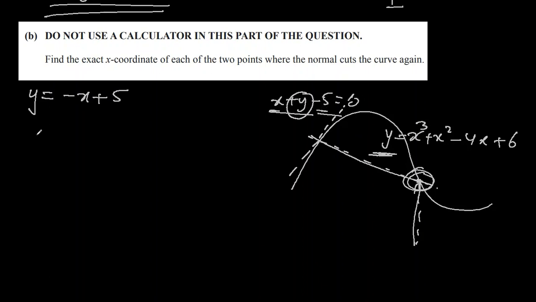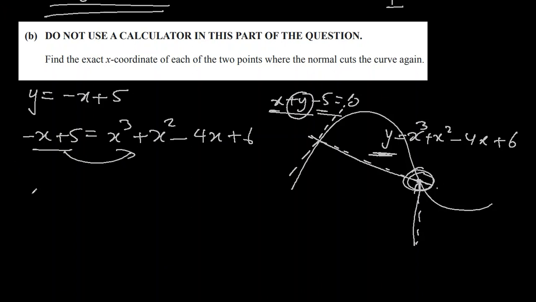Now let's substitute in place of this y. So minus x plus 5 equal to x cube plus x square minus 4x plus 6. They are equal now. And now bring them to the right side again. So 0 equal to x cube plus x square, now this is minus 4x.